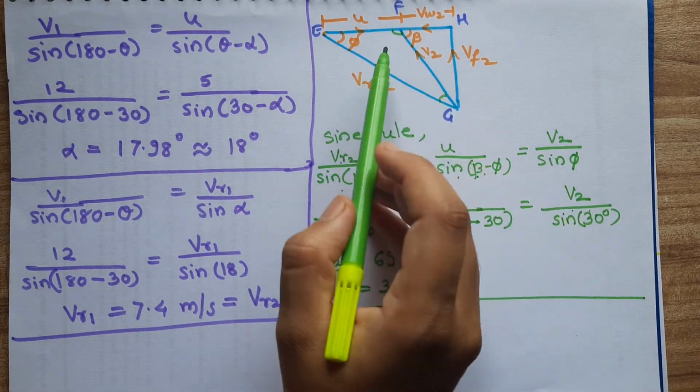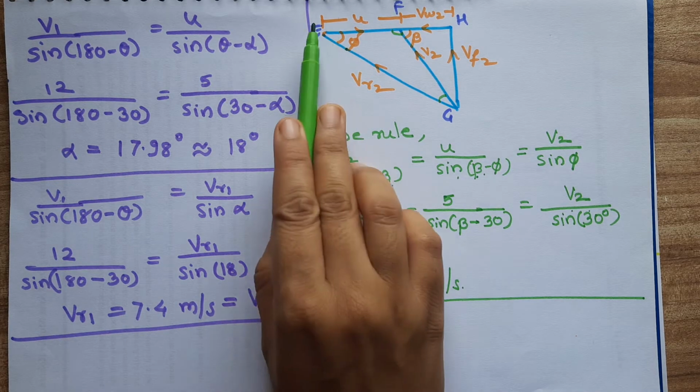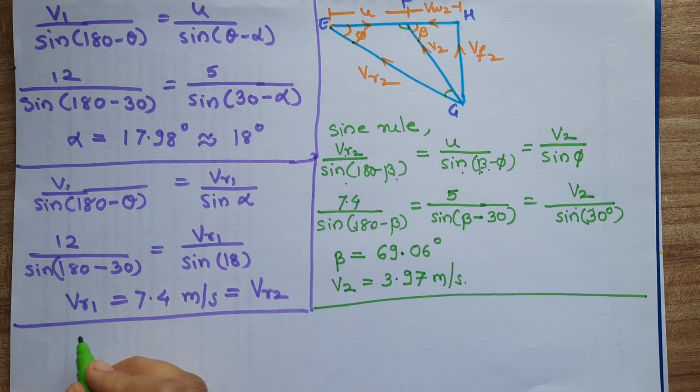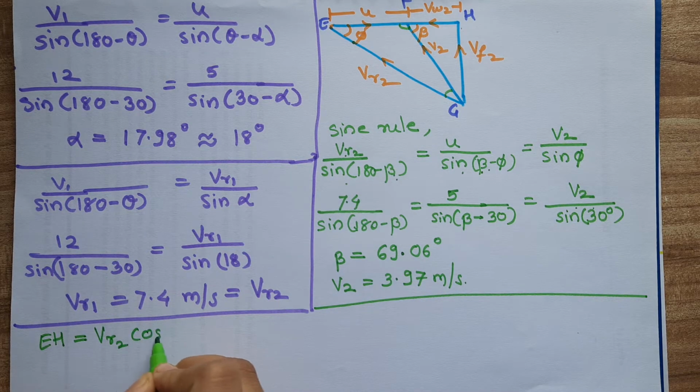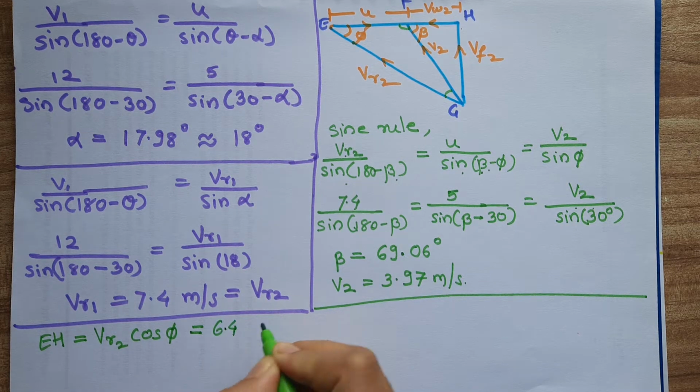Now here we know phi, we know VR2, so we can find this EH. So EH equal to VR2 cos of phi. So from here we can find the value of EH as 6.4, right?